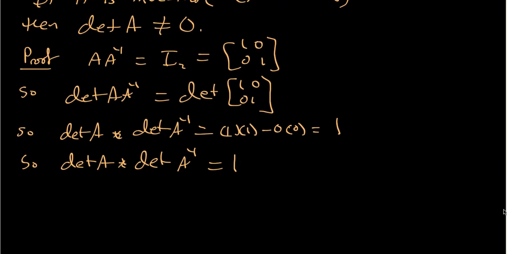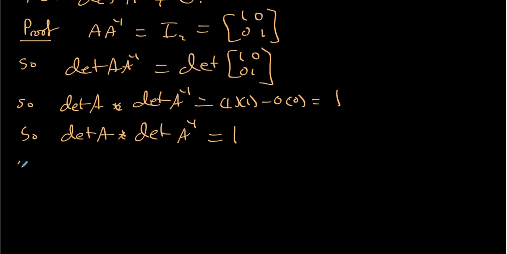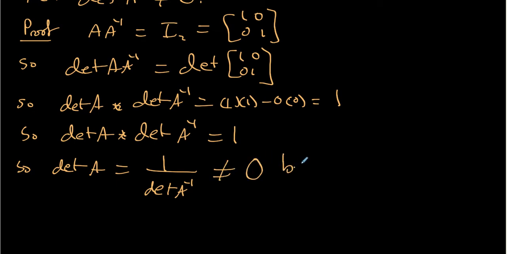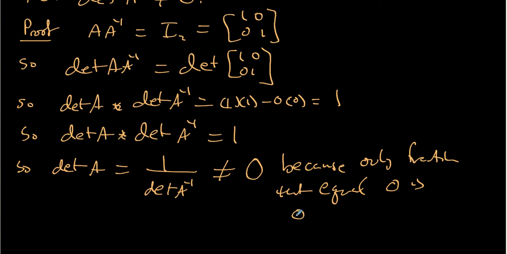And what I want to notice is that this means the determinant of A itself is 1 over whatever this number is, but that can never be equal to 0 because the only fraction that equals 0 is 0 over a number like 1, or 0 over any non-zero number.